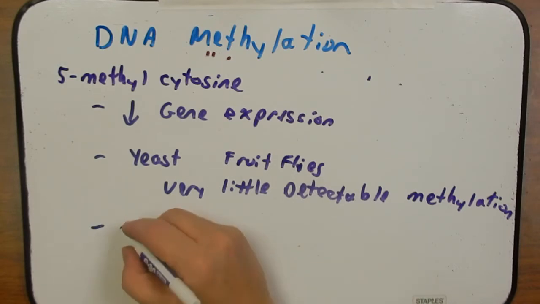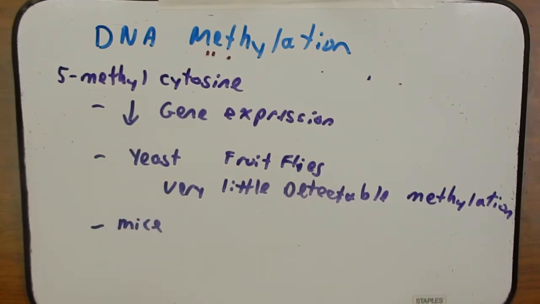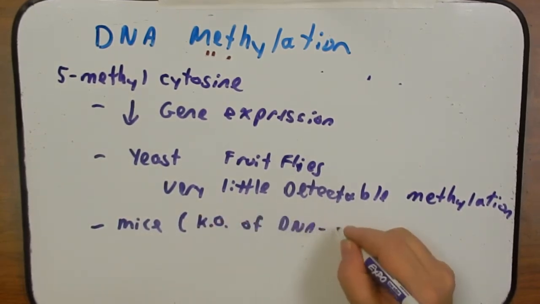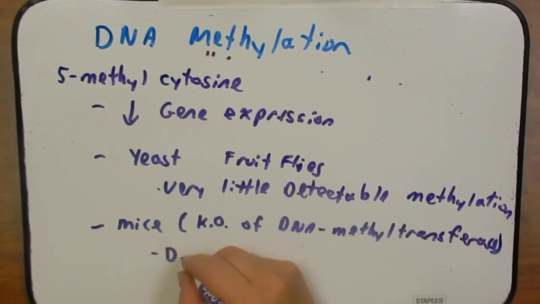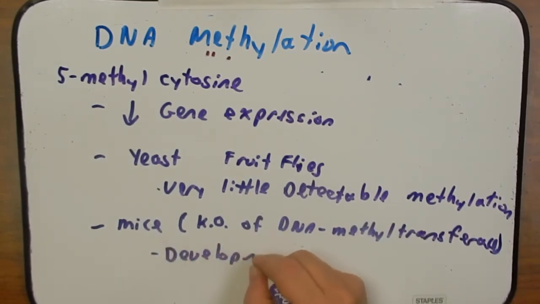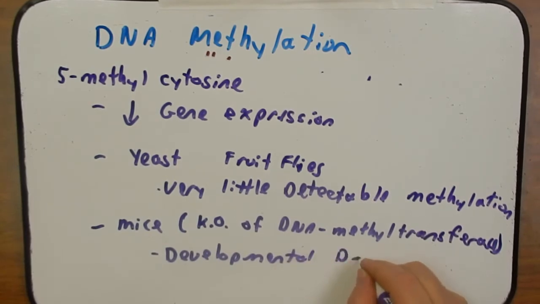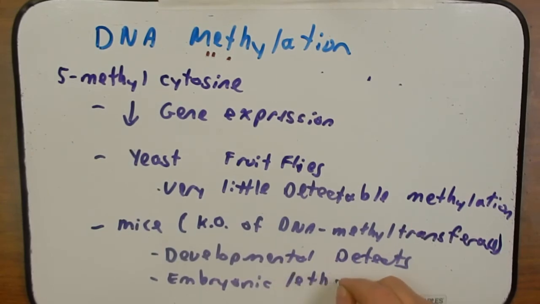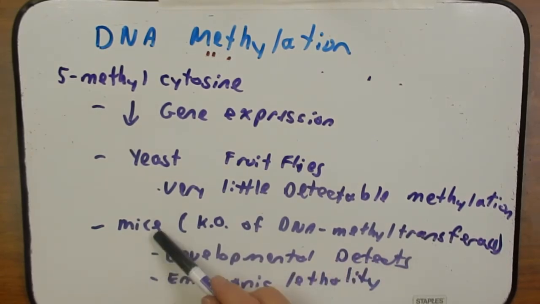Though in mammalian models, like mice, we know that when you prevent the methylation of cytosines by mutating DNA methyltransferase, so mice with a knockout of DNA methyltransferase, it results in developmental defects, and in some cases, embryonic lethality. So at least for mammals and invertebrates as well, methylation does appear to be important. In fact, essential in some cases.